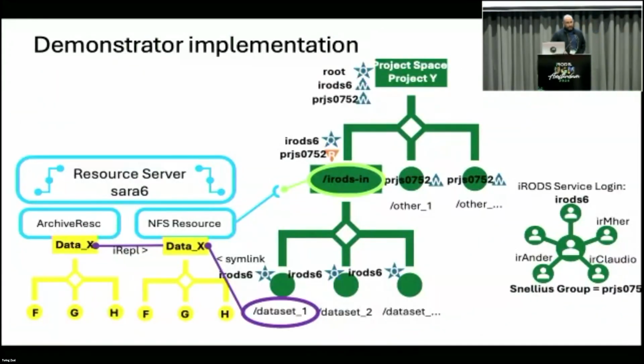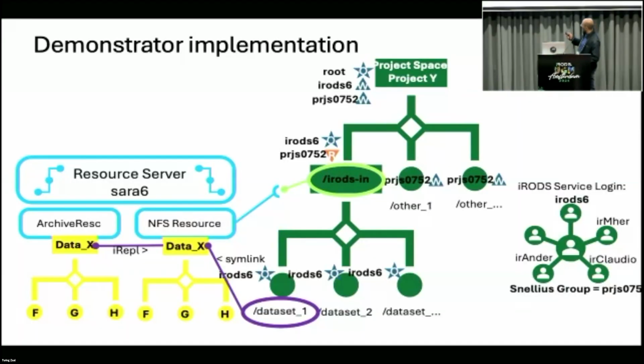One of the challenges, and one of the things that took some time to figure out, is the permissions, and basically this would be done in the following way. The data would be replicated to an NFS resource, so the project space is mounted via NFS on this dedicated resource server.